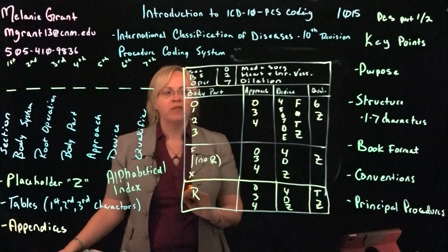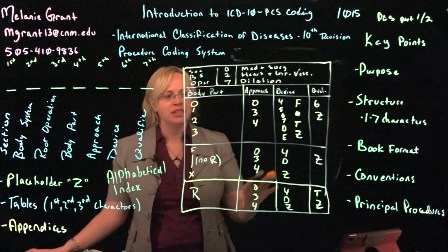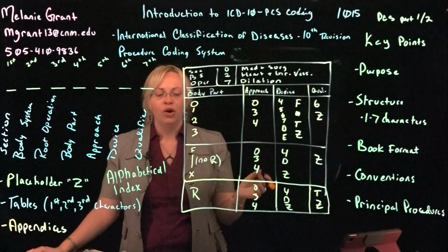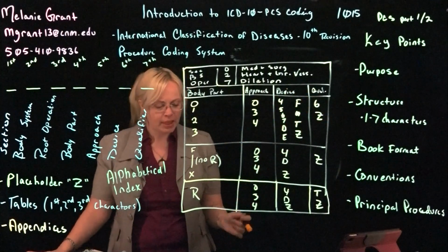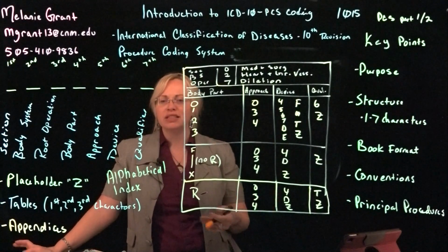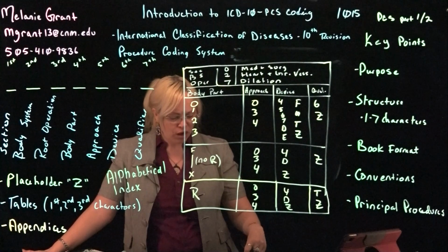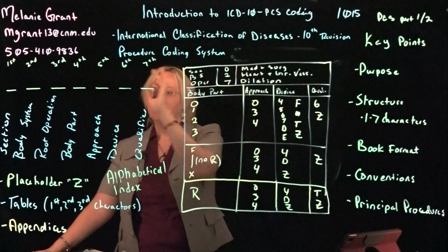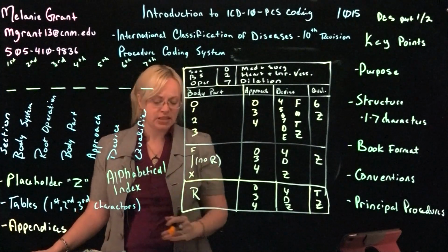And it's very important that you become familiar with that Z because you will use it oftentimes in device and qualifier or in one or the other. Your qualifier is just kind of that extra anything goes. It's a Mod Podge of any other options that don't fall within the first 6 characters of your PCS code.